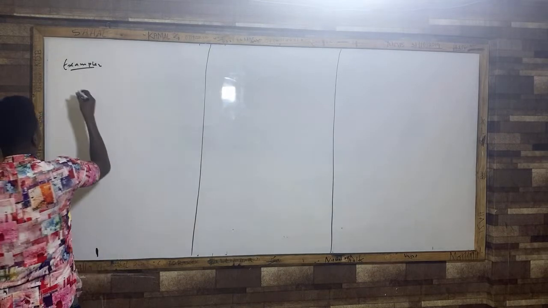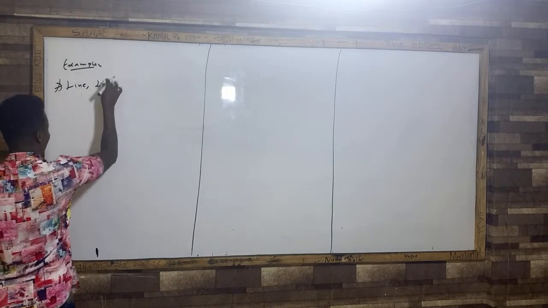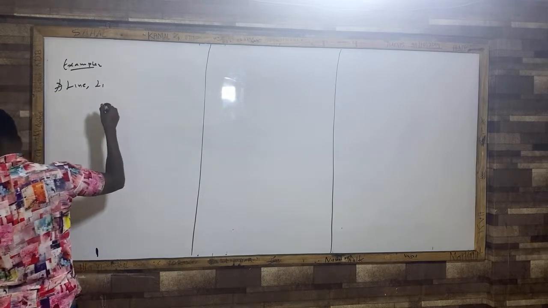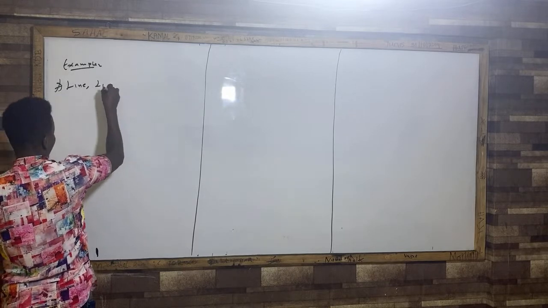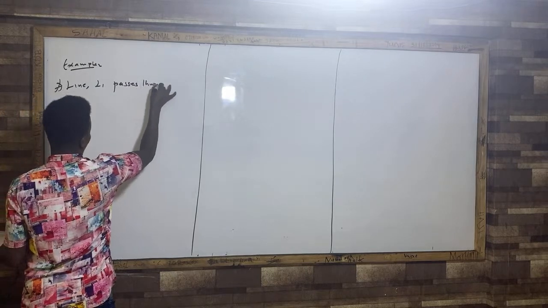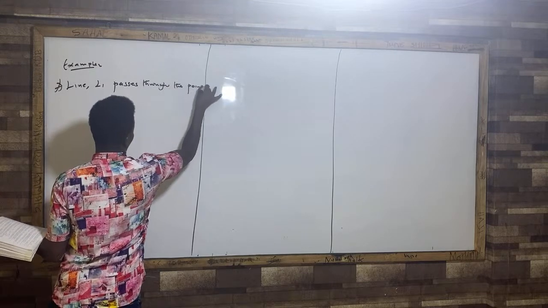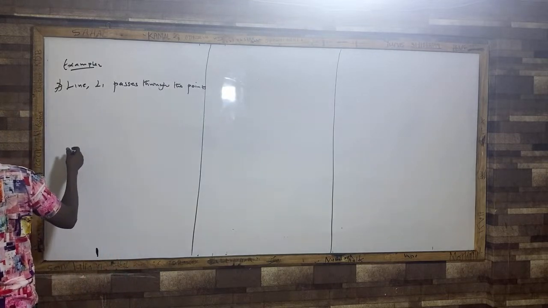You're told a line, L1, passes through the points.